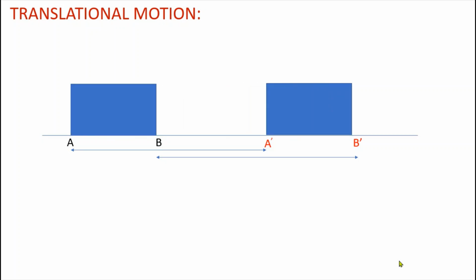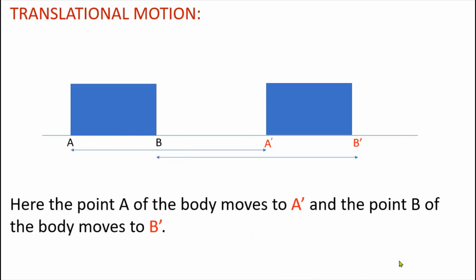Here, the point A of the body moves from A to A prime and point B of the body moves from B to B prime.